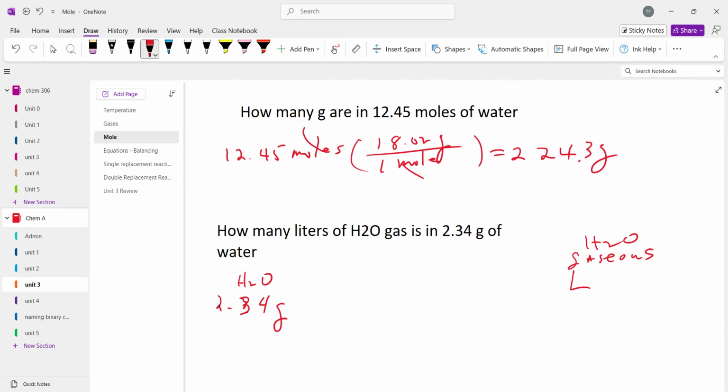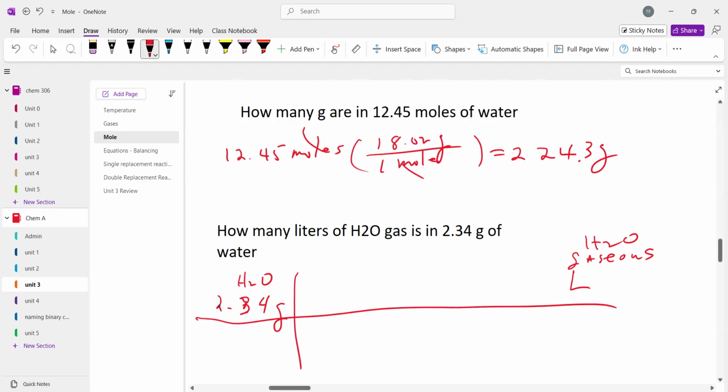So let's go from grams to moles first. And let's do train tracks this time. Okay, so we know how many grams are in 1 mole of water. Now we've got moles of water. Let's go to liters of water at STP.